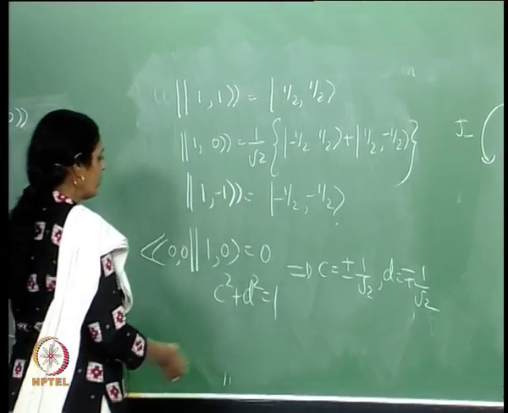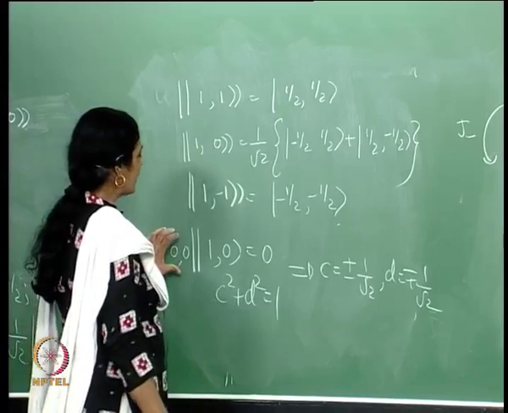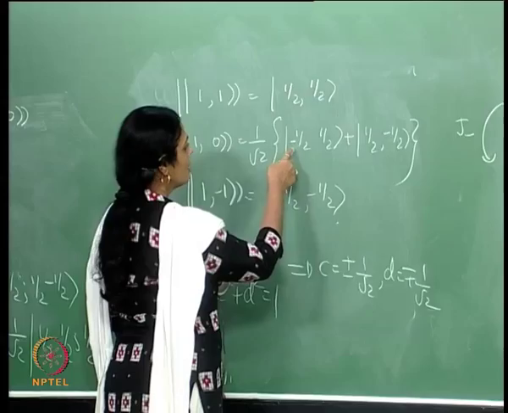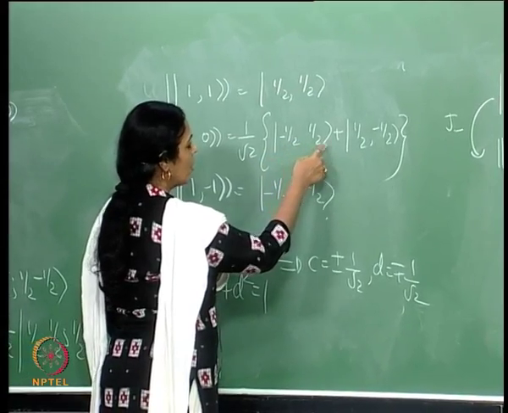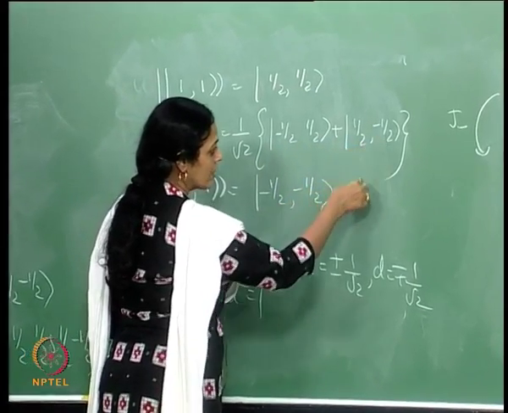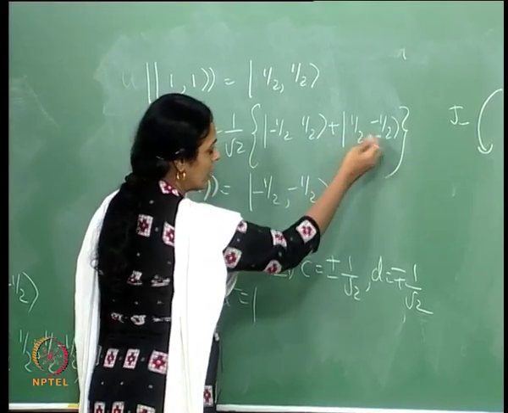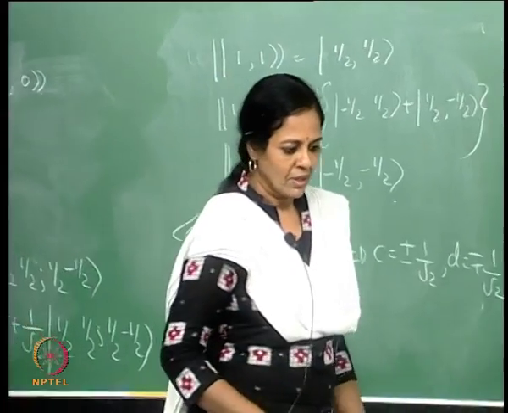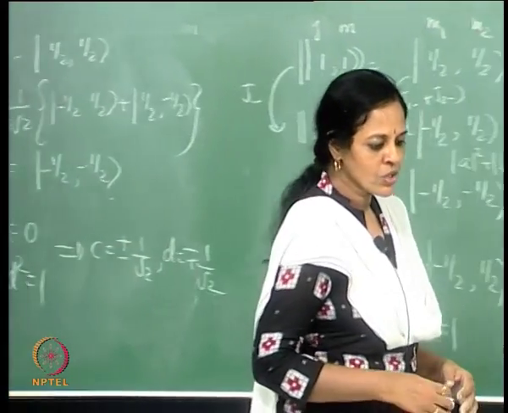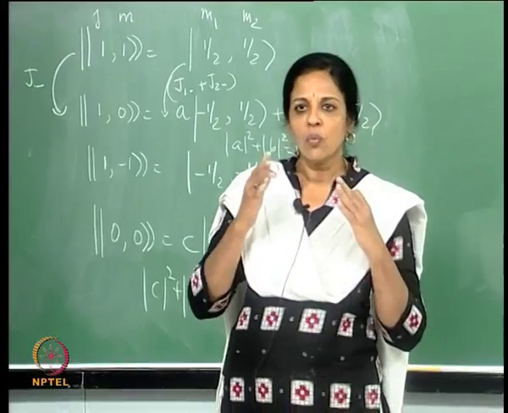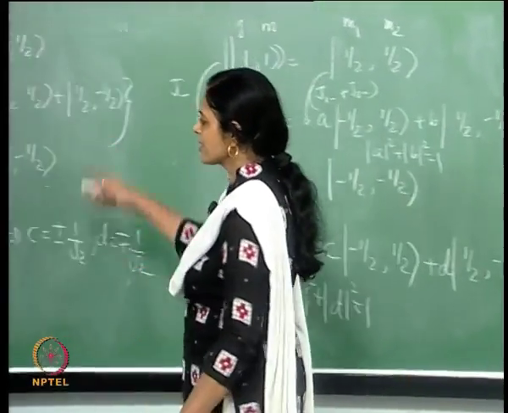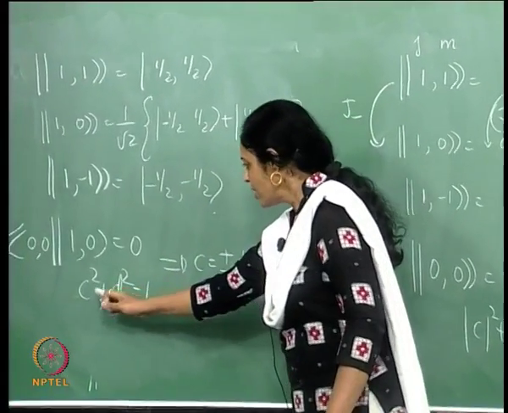I have to choose a convention, but as it happens, I can write 0 0 as 1 by root 2 times minus half half minus 1 by root 2 times half minus half, or the other way around. Either is right. A convention has to be used, and once decided upon, must be used throughout the problem. In this case, we do not have any issues on this matter.